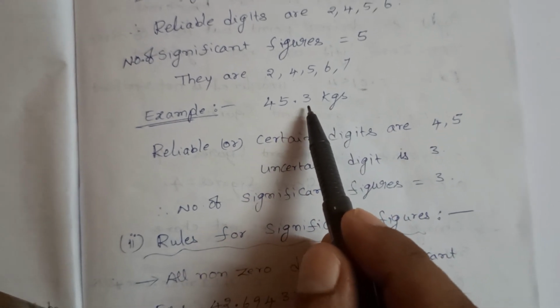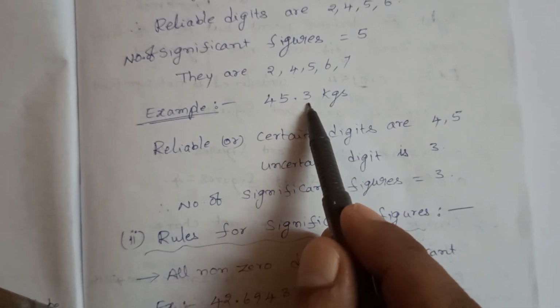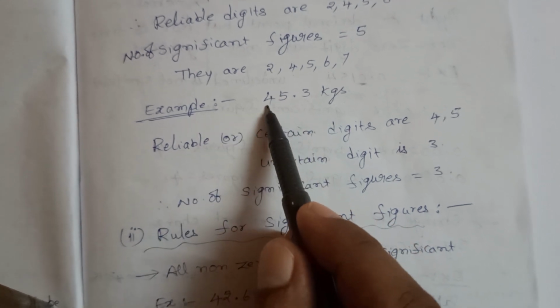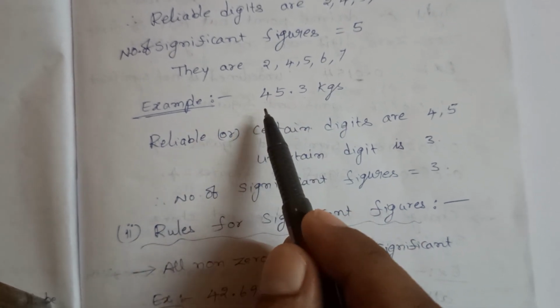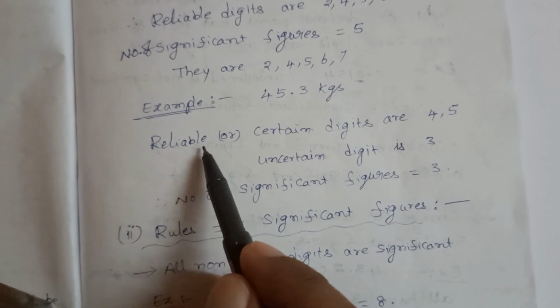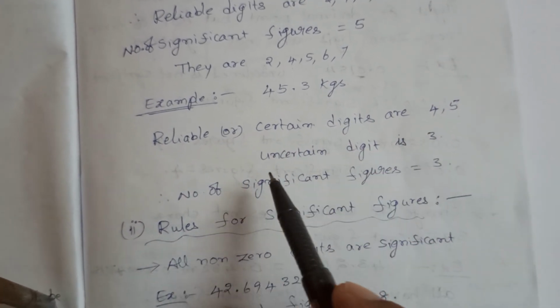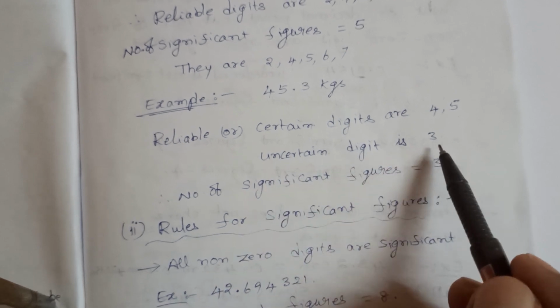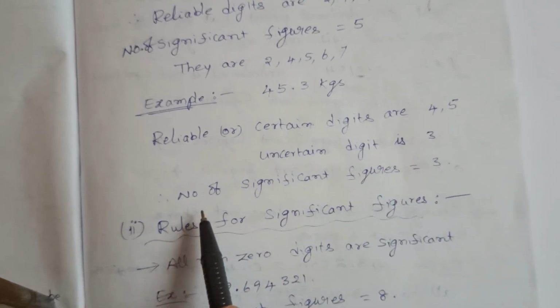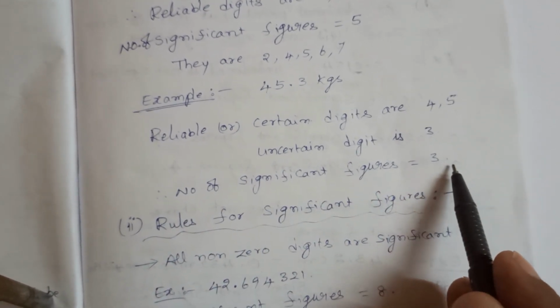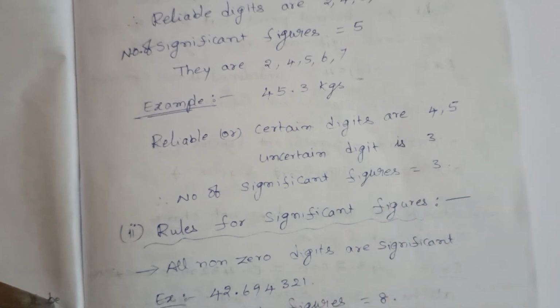Here the last digit 3 is uncertain and the remaining digits are certain or reliable. So the reliable digits are 4, 5 and the uncertain digit is 3. So the number of significant figures here is 3.